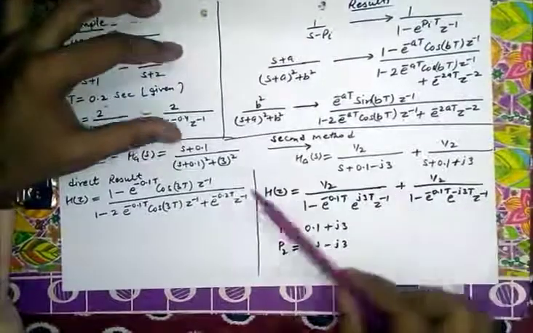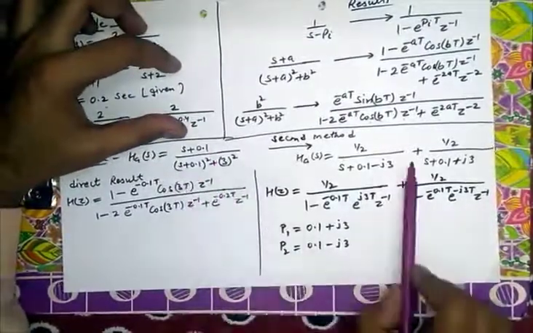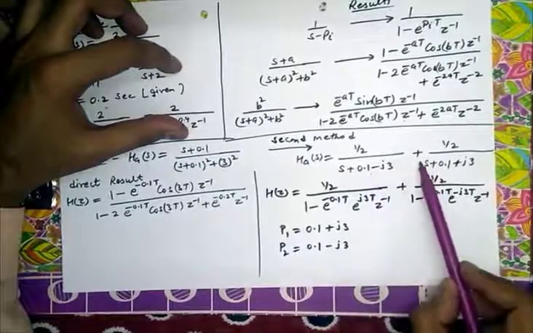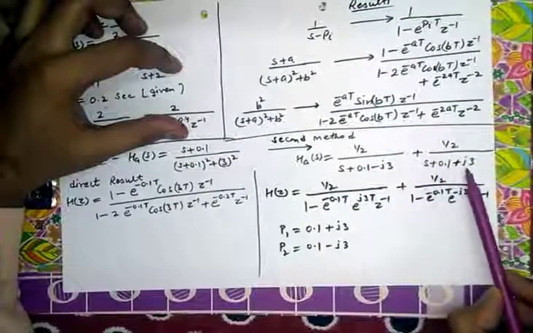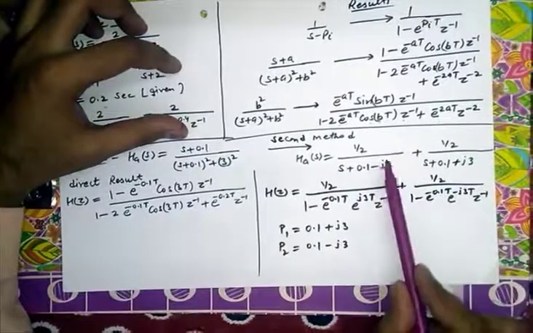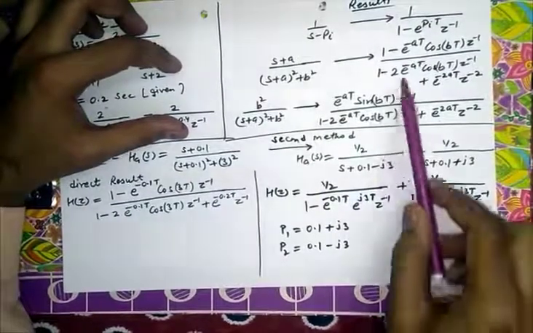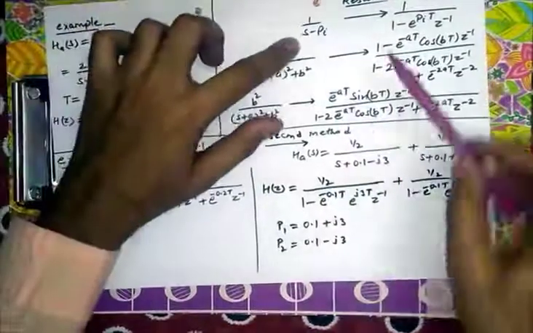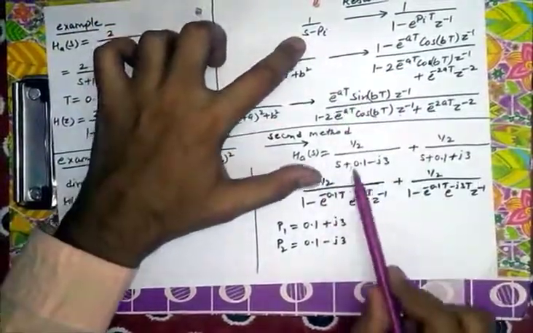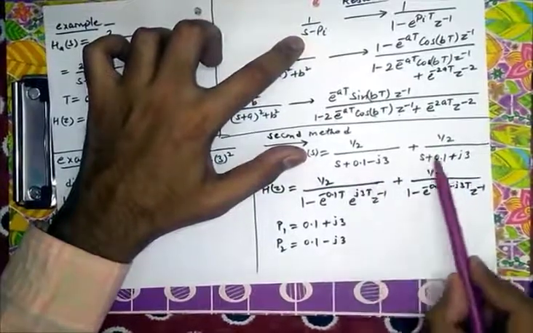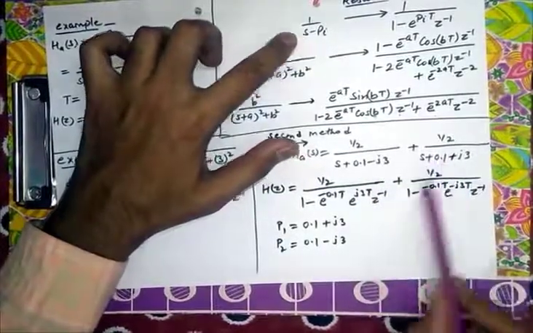Now the second method says that you can do partial fractions. It is 1/2 · 1/(s + 0.1 − j3) plus 1/2 · 1/(s + 0.1 + j3). Using partial fractions, we have two poles, first and second, and now again using the formula 1/(s − p_i), here s minus this constant, s minus that constant, it is p1, it is p2, with constant number 1 and constant number 2.